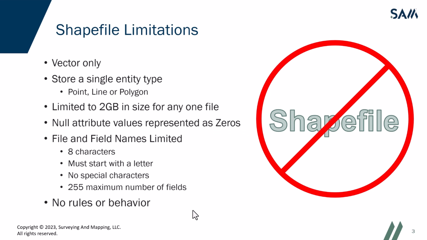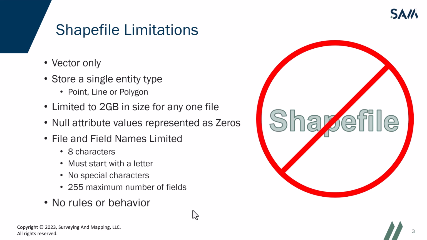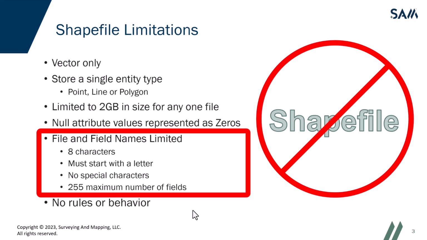Another limiting factor that really goes back to the operating systems of the time, which were primarily DOS, Windows running on top of DOS, which were 8-bit operating systems. These had limitations that were then imposed on the application and the file formats of the time. One of those is going to be the length of both the file names and, in the case of the attribute table, the field names or the column names.